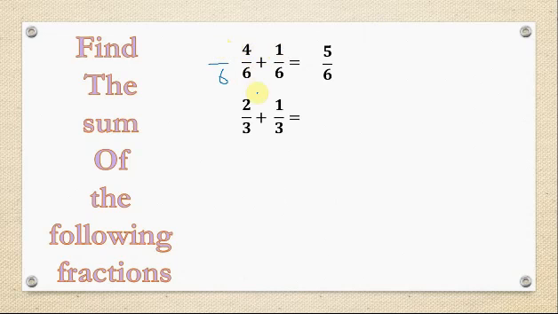The next question: 2 over 3 plus 1 over 3. So what will we do? We will keep the denominator. It's 3. Then just add the numerators. 2 plus 1 equals 3.